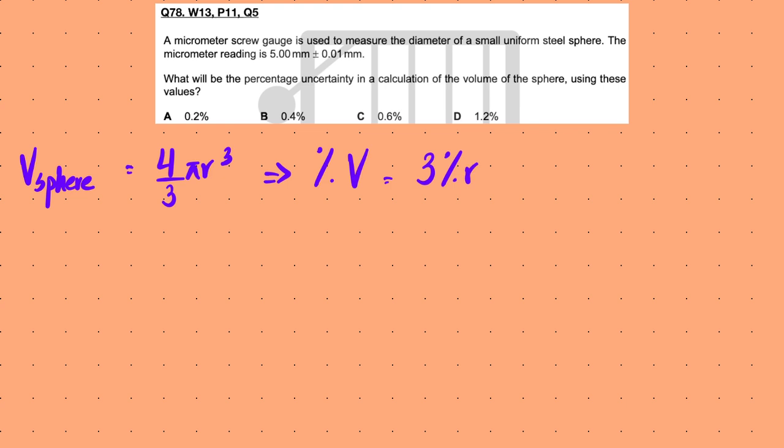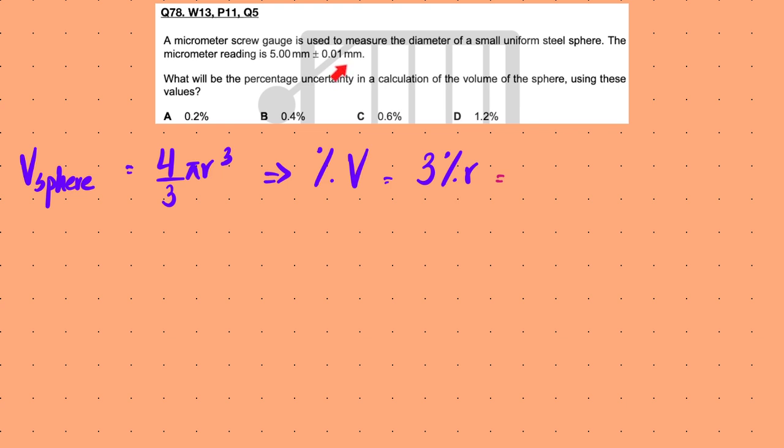But now the problem is that here I've been given the diameter. So do I need to first halve this to get the radius and then also halve the uncertainty, because that's what rule 1 says, right? That if your actual principal value is multiplied or divided by a constant, your absolute uncertainty is also multiplied or divided by that same constant. Well, actually no, because we are concerned with the percentage uncertainty here. So remember that multiplying or dividing by a constant does not change the percentage uncertainty, right?